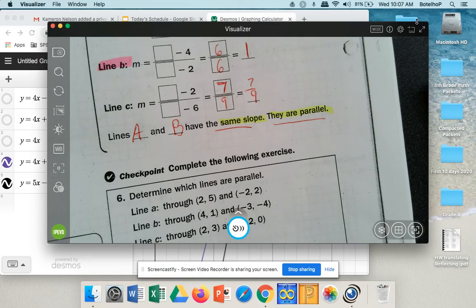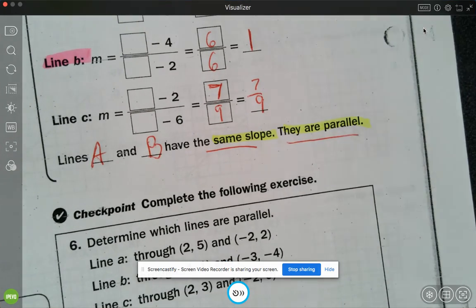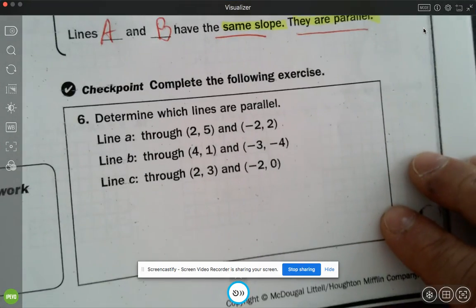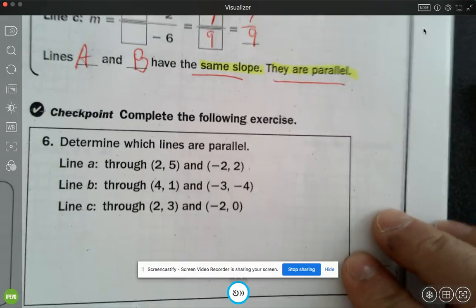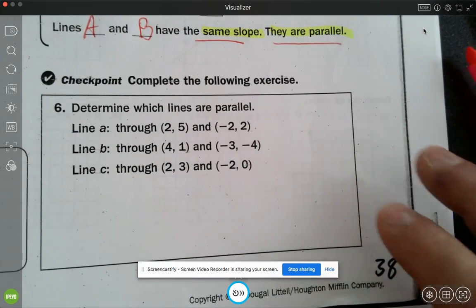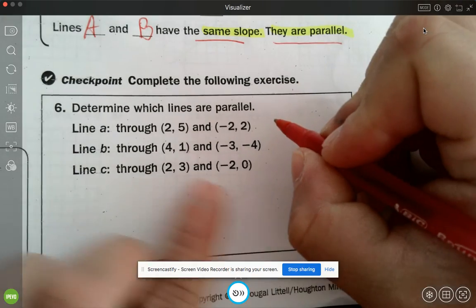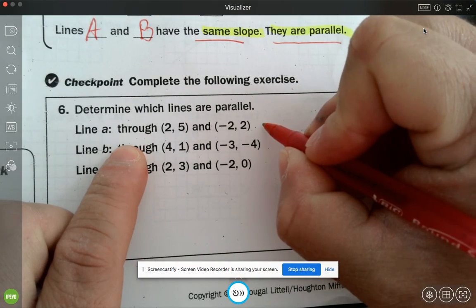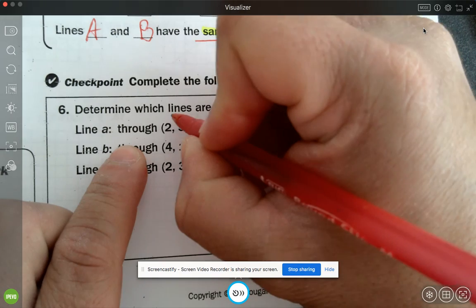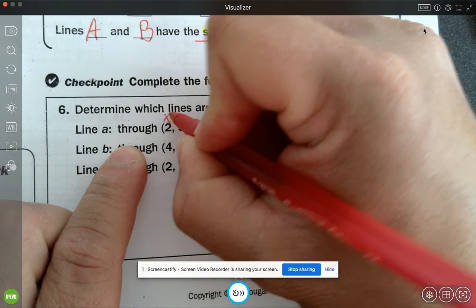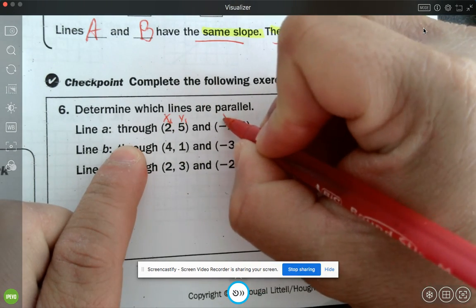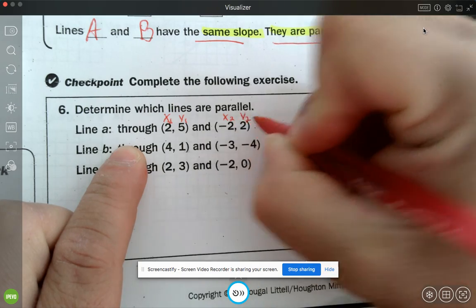So in the next part of the lesson, you're going to be testing it using this checkpoint here. So again, we can't use the graphs because they didn't give us the graphs. So before you start this checkpoint, let's get one of the slopes for line A. Just make sure you remember this. So this would be x1, y1, x2, y2.